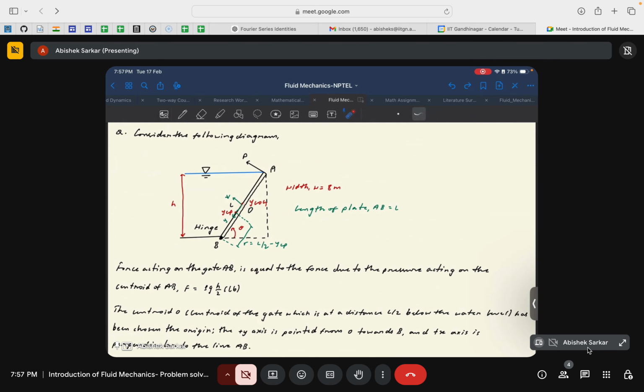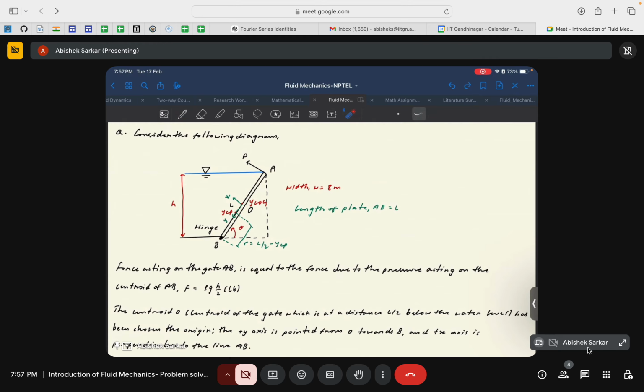So let us consider that YCP is a distance lower than L by 2. Then from the hinge at point B, the distance of the center of pressure would be L by 2 minus YCP, correct?